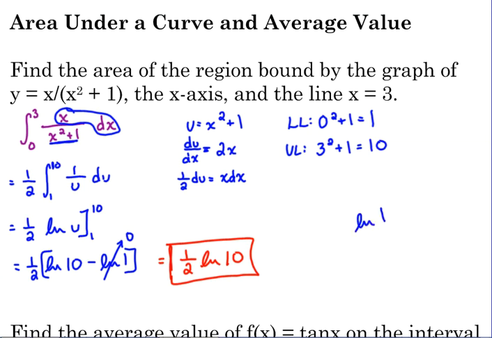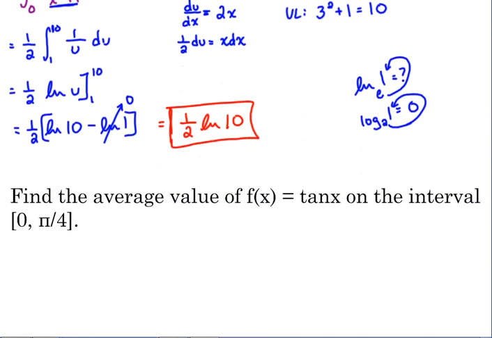The natural log of 1 asks: e to what power equals 1? Well, e to the 0th power equals 1. If it's log base 2 of 1, 2 to what power equals 1? 2 to the 0th power equals 1. So any log of 1 is automatically 0, and they do expect you to make that simplification.